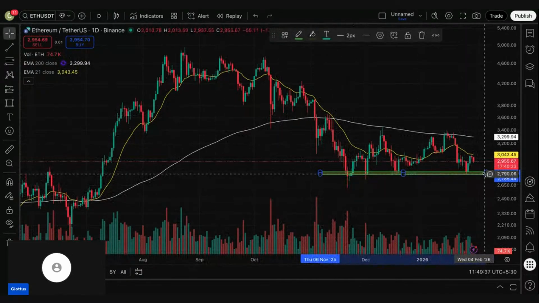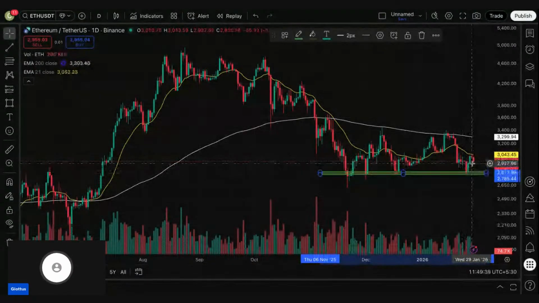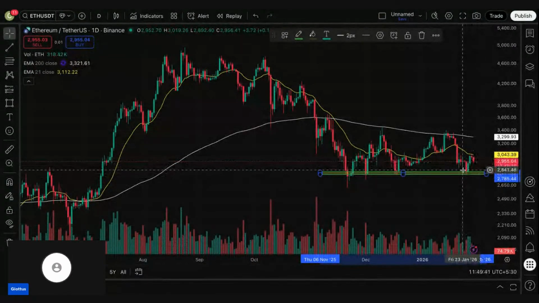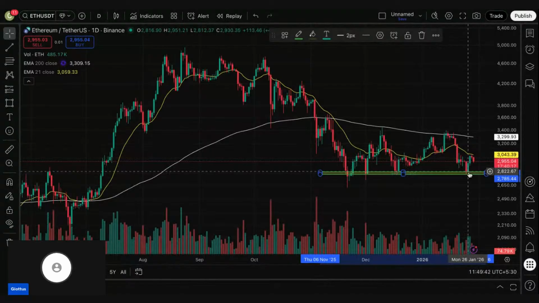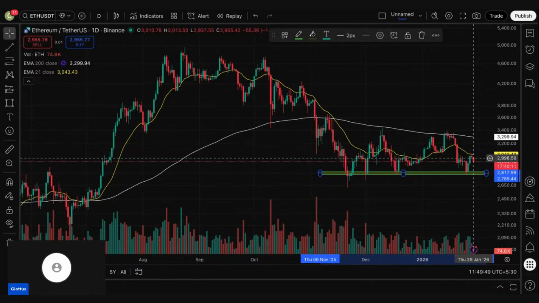If this EMA proves to be the short-term top, then the market can go trending in that direction. So if Ethereum doesn't close above this EMA, then we might see Ethereum go trending on the bearish side. Okay.